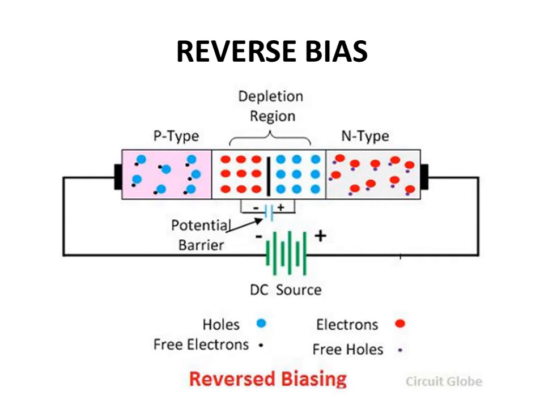So the movement of the charge carriers across the junction will become more and more difficult. Or we can say, when we give reverse bias, two things will happen: the depletion region will get wider and the potential barrier will become taller. So that means there is no current in reverse bias.